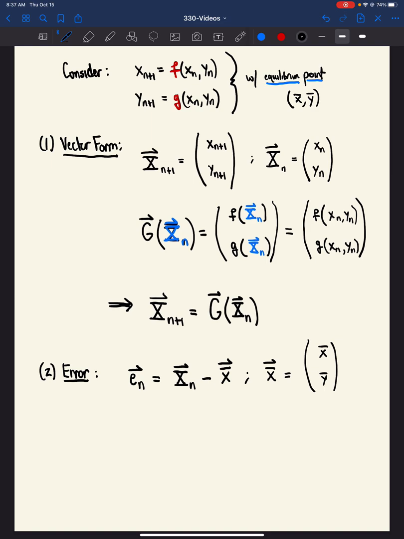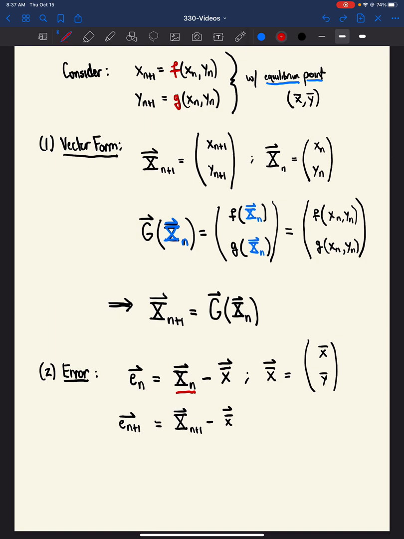All right, so let's go ahead. If we iterate this again, the next iterative distance between our values is just, well, vector x n plus 1 minus that equilibrium vector. So we're going to go ahead and start Taylor expanding in a moment. But as you noticed from before, we can do similar type ideas. Namely, we can solve for our x n iteration vector in terms of that error and our equilibrium values.